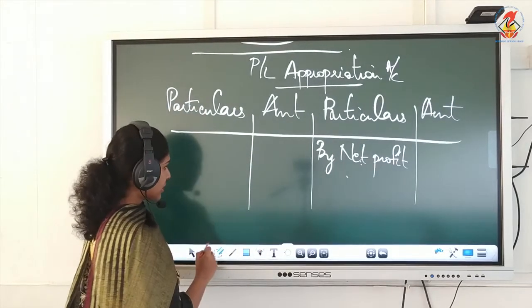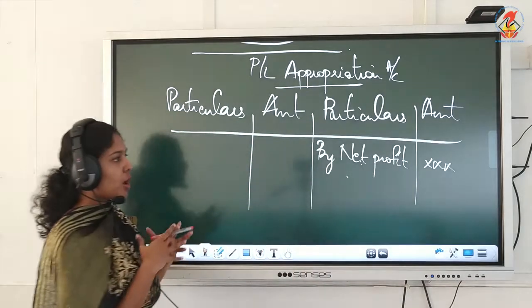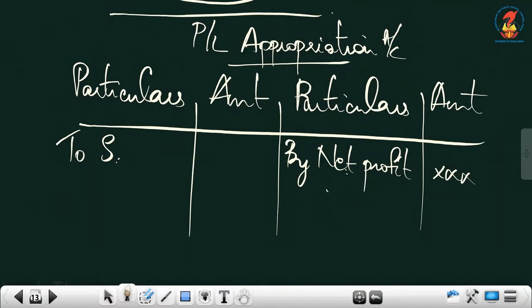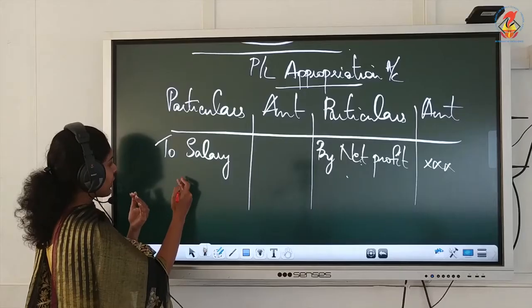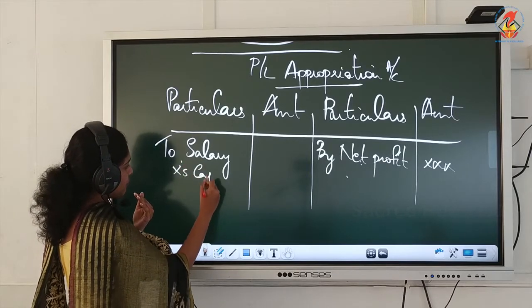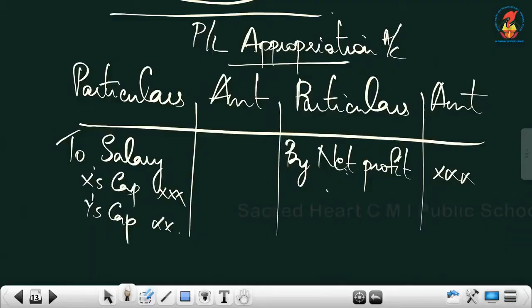Usually it will be given in the question. Now for what all purpose you are making use of the profit? Like you will use this for making payment of salary to partners. So to salary, and in a column you can write partner's name. You are transferring it to partner's account. Like X's capital, Y's capital, like this you can show in the inner column, each item.